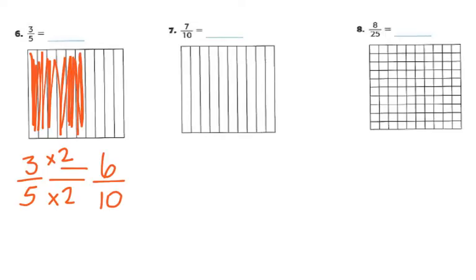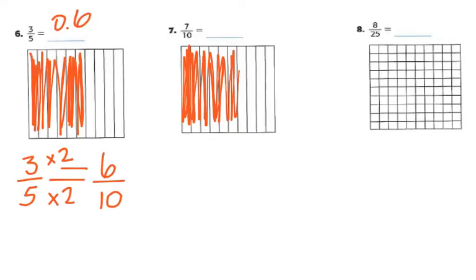Now how do you write 6/10 as a decimal? 0.6. Okay, now the next one was what we've done since the beginning of the year. 7/10. You didn't even have to convert that one. So that one you were simply able to write 0.7. Okay, it already had a denominator of 10.